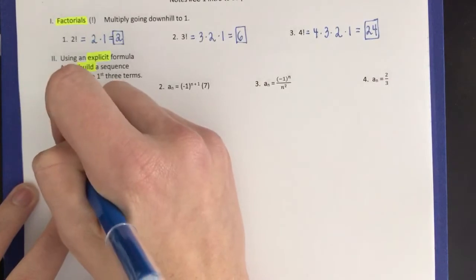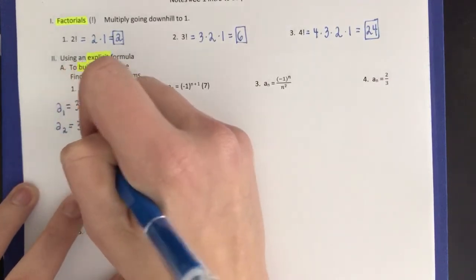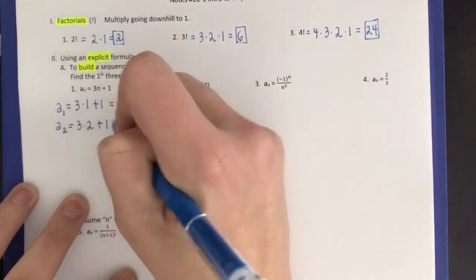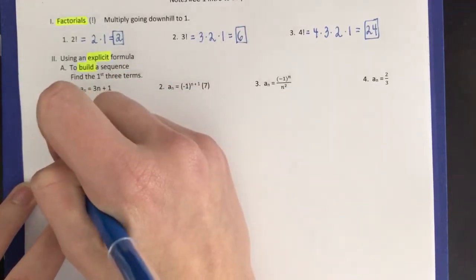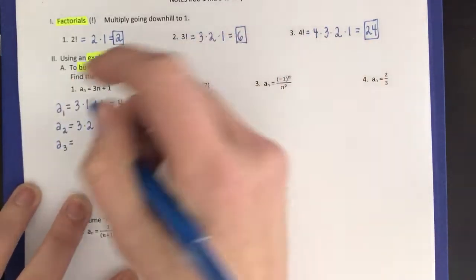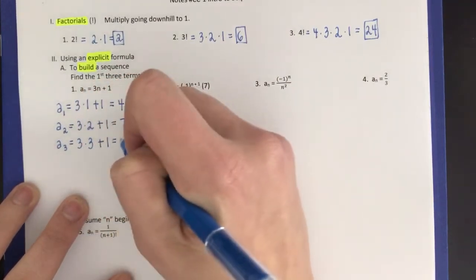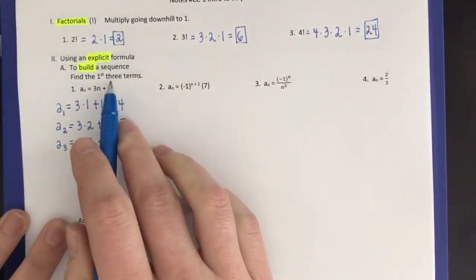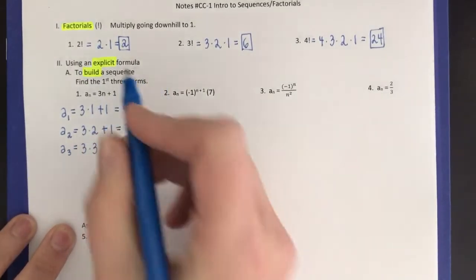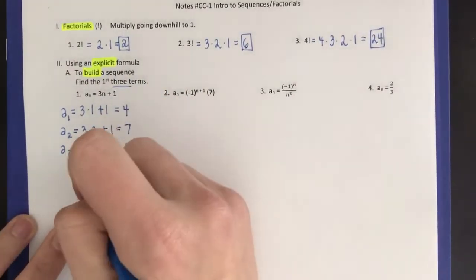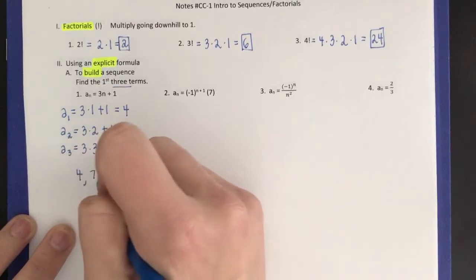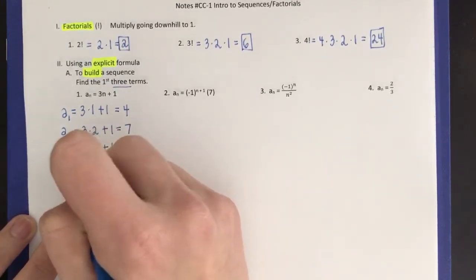Then a sub 2 would be 3 times 2 plus 1, which would be 7, and a sub 3 would be 3 times 3 plus 1, which would be 10. So therefore I have the first 3 terms. So 4, 7, and 10.